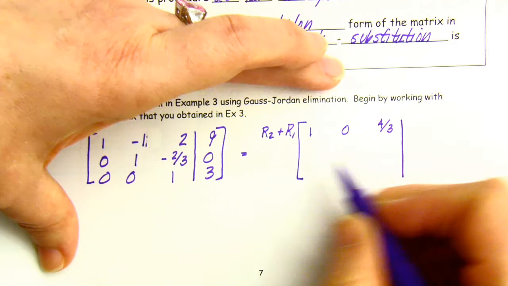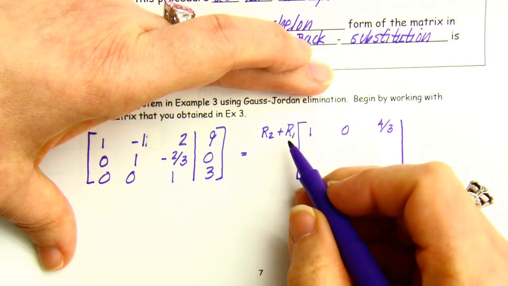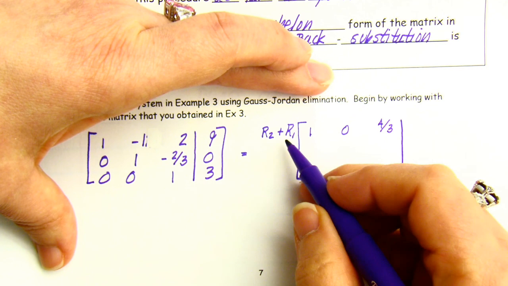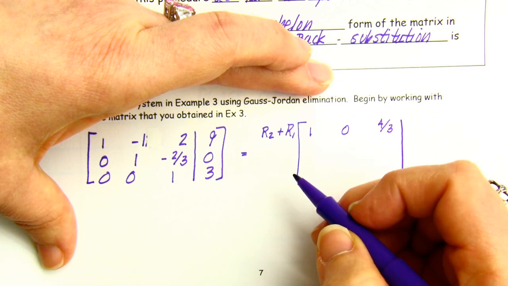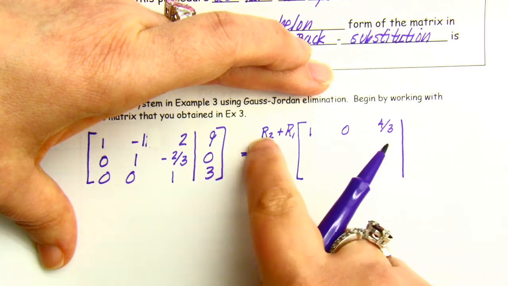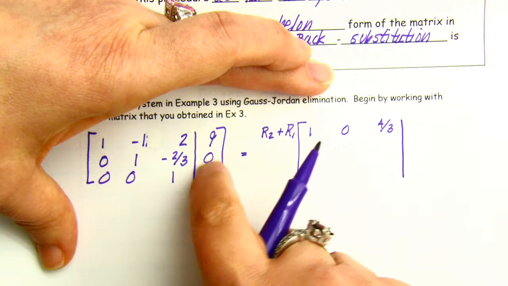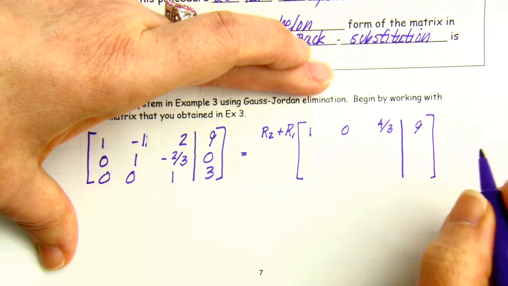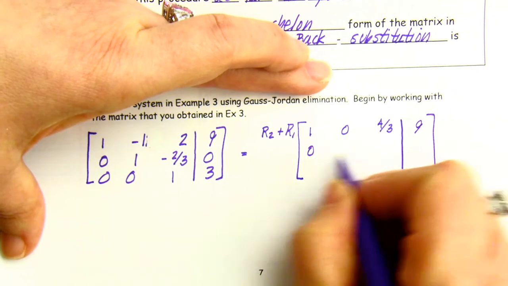Now, when you're adding 2 rows, I don't expect that you're going to show the work. But if you're doing something like multiplying and then adding, you should have the work in there. Now, row 2 plus row 1: 0 plus 9 is 9. None of the other rows change, so I'm going to copy them.